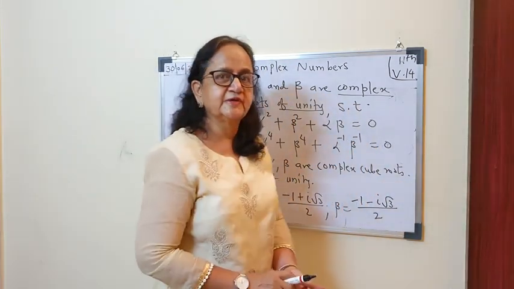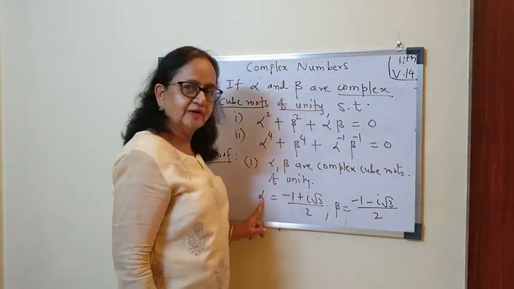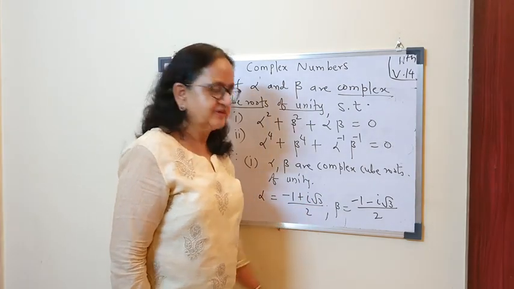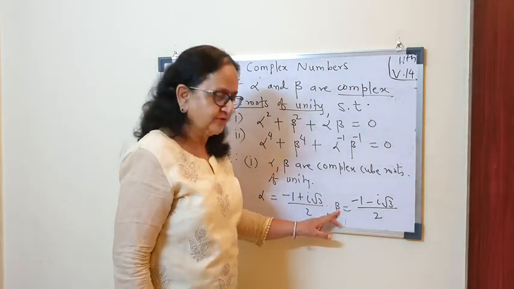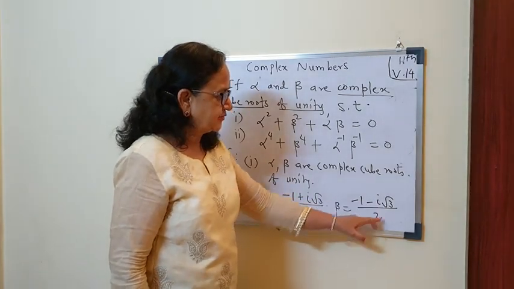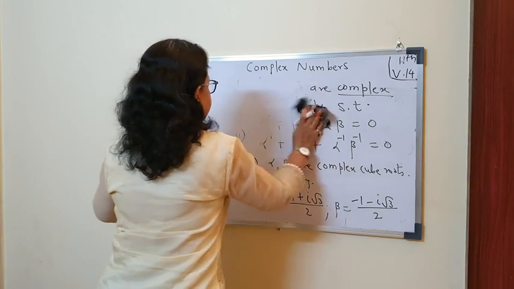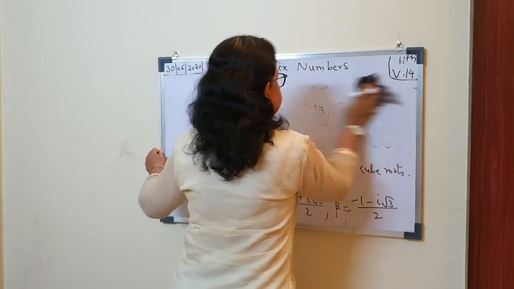Always you should know both these values properly. What is omega or alpha? Minus 1 plus i root 3 upon 2. And what is beta or omega square in our notation? Minus 1 minus i root 3 upon 2. I'll erase this because you have this problem written with you.